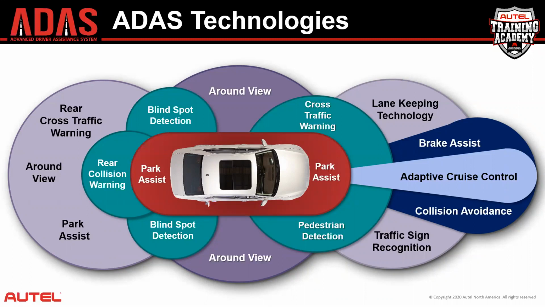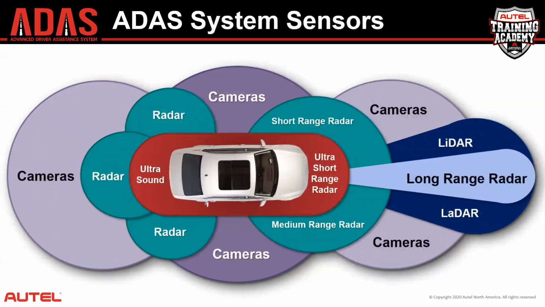The automotive engineers write software to create these different assist systems, whether it's adaptive cruise control or surround view monitoring, rear collision warning, blind spot detection, what have you. However, all of these systems, or let's say software programs, are dependent on one or more inputs in order to make those functions possible.